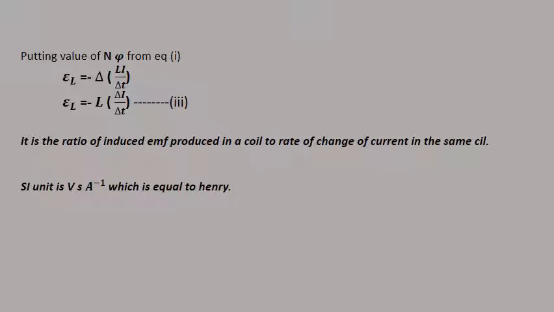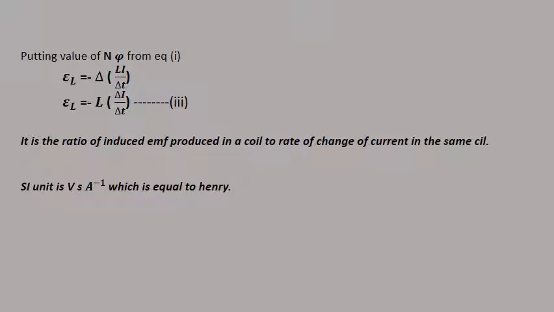Next thing is the SI unit of self-inductance, L. Self-inductance has a unit of volt for the EMF divided by ΔI upon Δt, which is ampere per second. By rearranging, this is equal to volt second per ampere, and this is equal to Henry, by the name of the scientist.